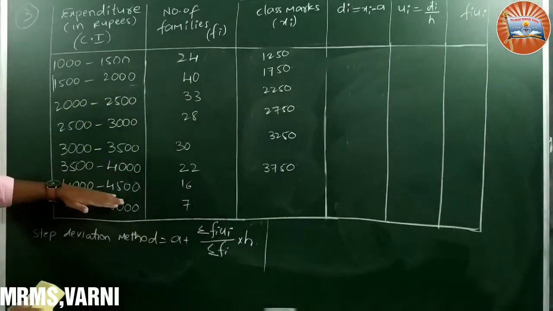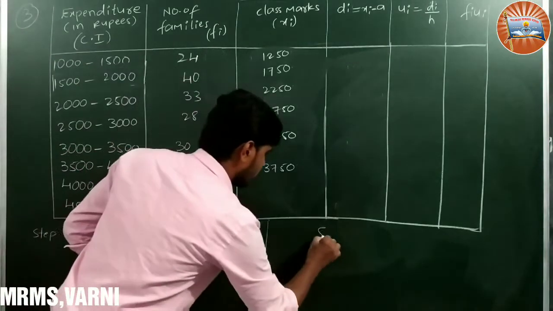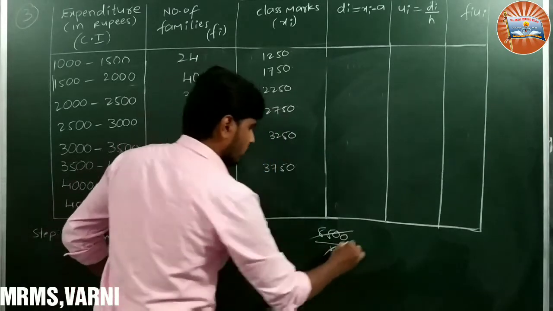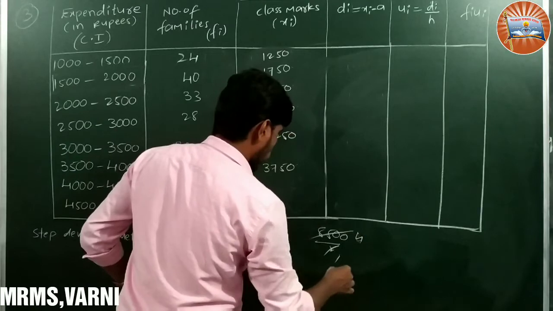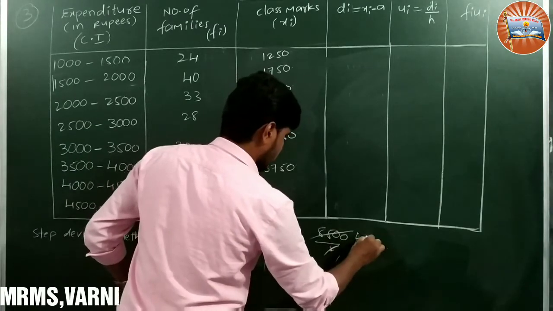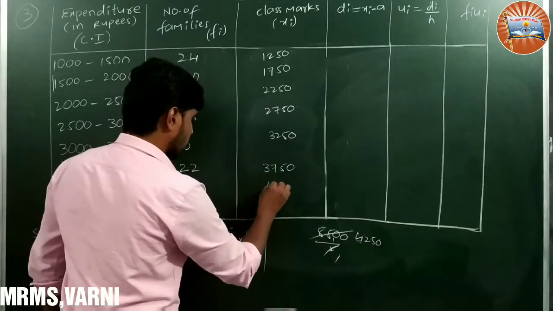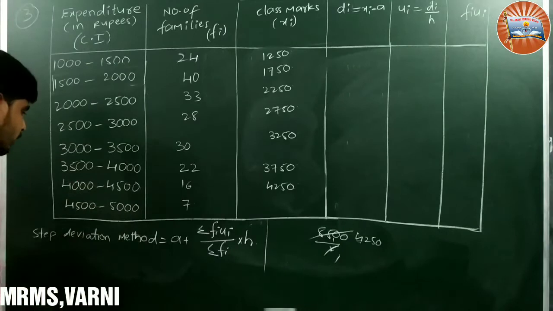Next, coming to this one, 4000 plus 4500, it is 8500 by 2. 2 twos are 4, 2 fours are 8, 1 carry, 50. So 4250 is the class mark for this class interval.